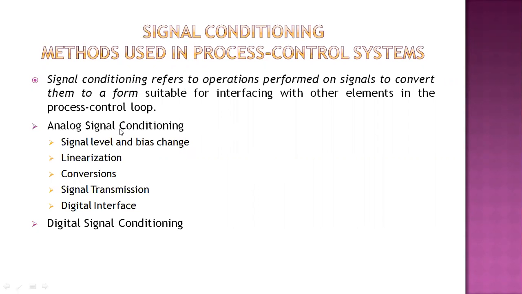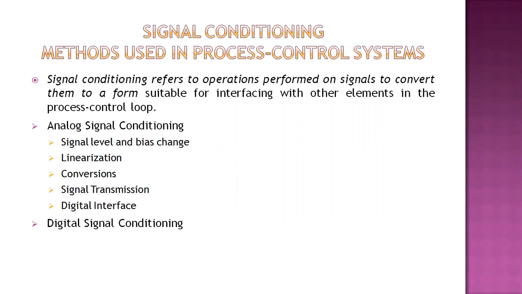So here there are two types. Analog signal conditioning is there, and the second type is digital signal conditioning. In analog signal conditioning, the main principle is that we can consider a sensor which measures a variable by converting information about that variable into a dependent signal of either electrical or pneumatic nature.